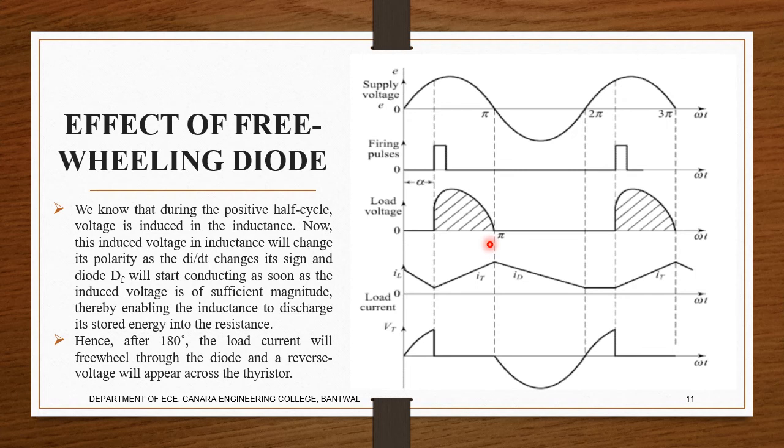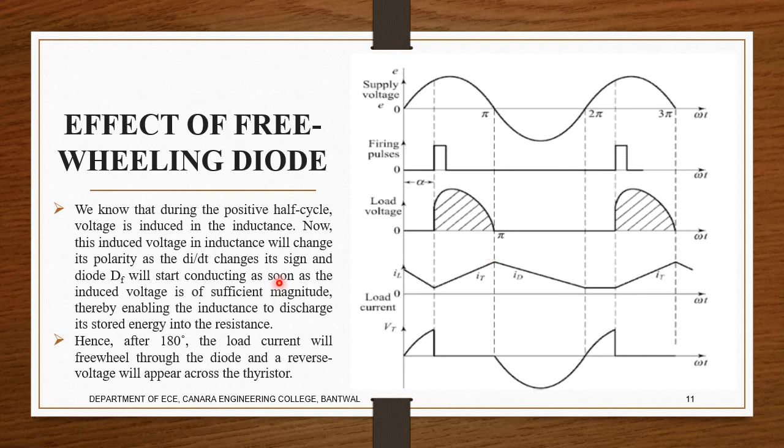Now this induced voltage will change its polarity as the di by dt changes its sign, and the diode Df will start conducting. So when it returns to the negative state, it will change its polarity, and the induced voltage is of sufficient magnitude, thereby enabling the inductance to discharge its stored energy into the resistance. So what is the role of the R now? It is to dissipate that energy.